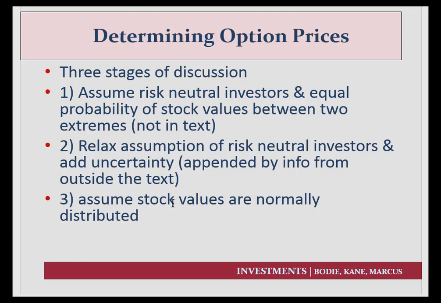We'll see that as we work through this example. Next, we will relax the assumption of risk neutral and add some uncertainty. And then in the end, we're just going to assume that stock values are normally distributed.